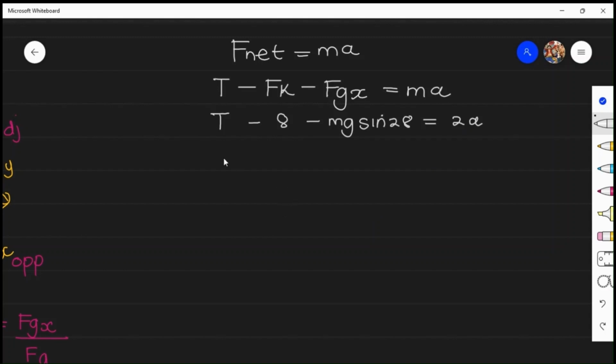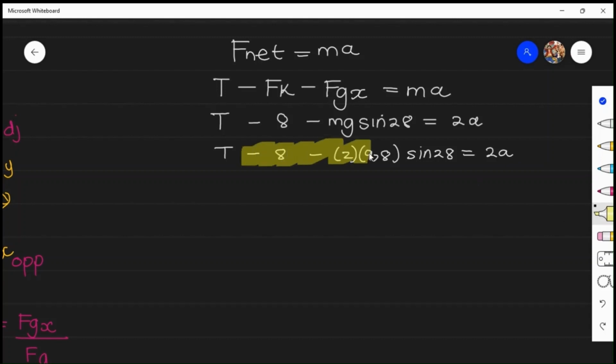From this, I'm going to substitute my values of mass, which is 2 kgs, and my value of gravitational acceleration, which is 9.8, sine 28 equals 2a. From here, I can put in this whole part into my calculator. Negative 8 minus 2 times 9.8 times sine of 28.